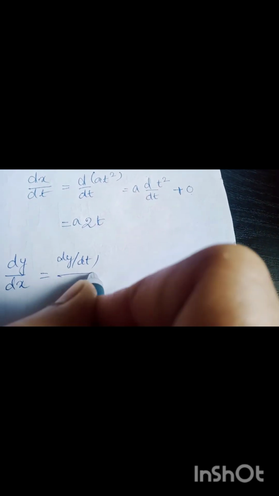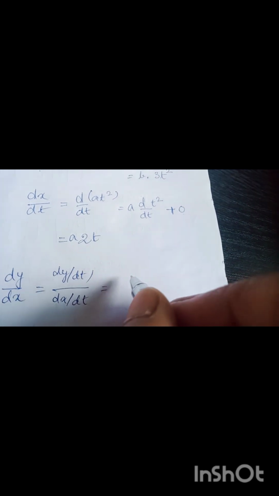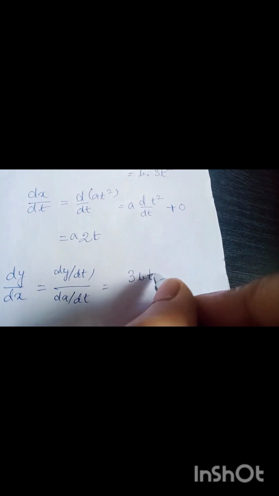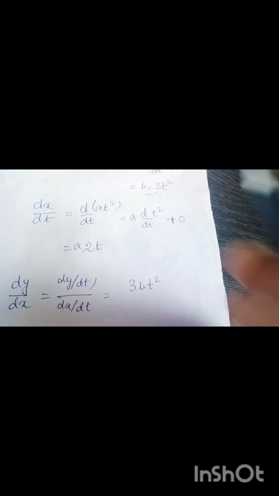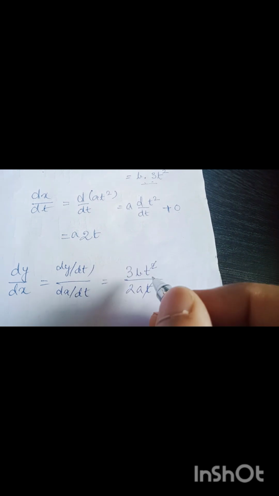Now we will find out what dy by dx is. So dy by dx is equal to dy by dt divided by dx by dt. So dy by dt is what? 3b t squared, which we have obtained, and dx by dt is twice a t. So t and t get cancelled.